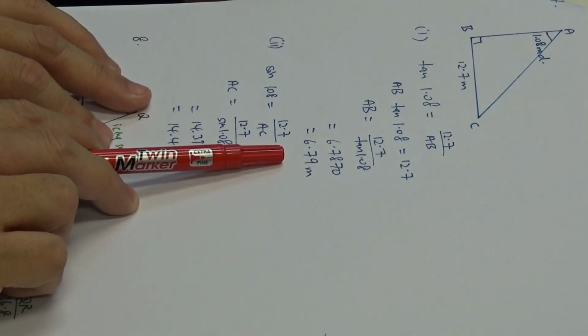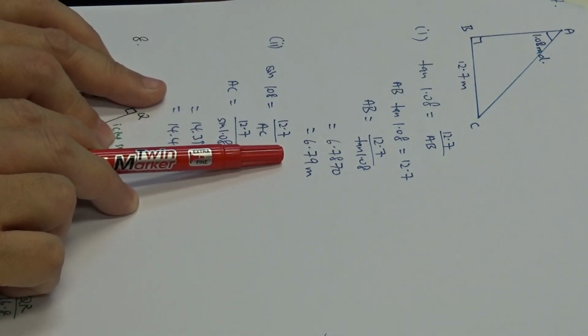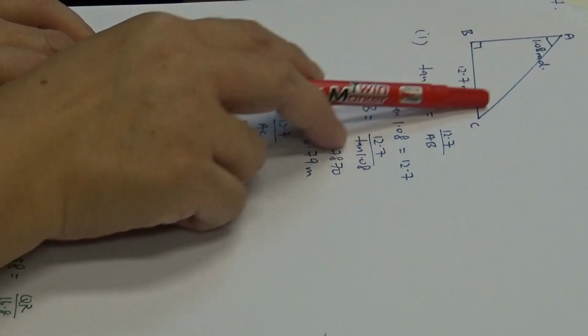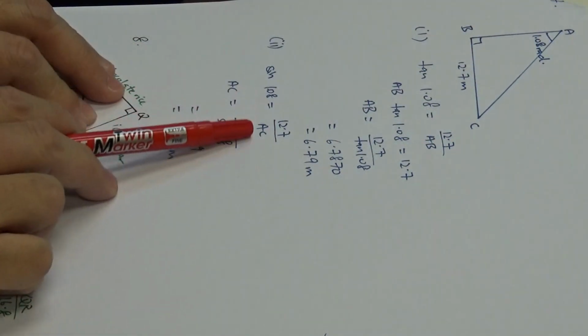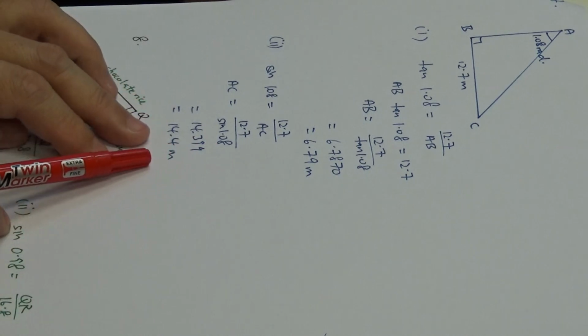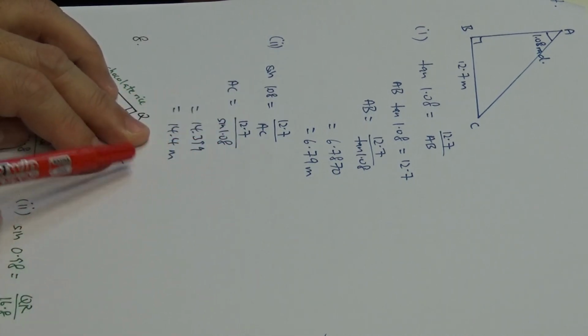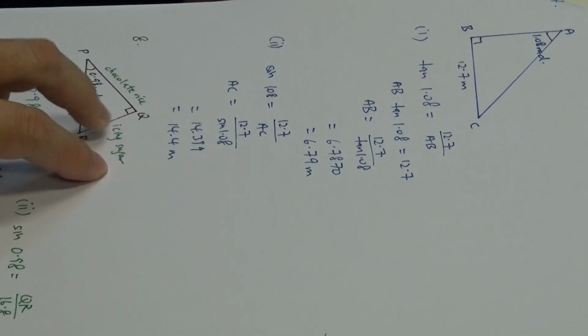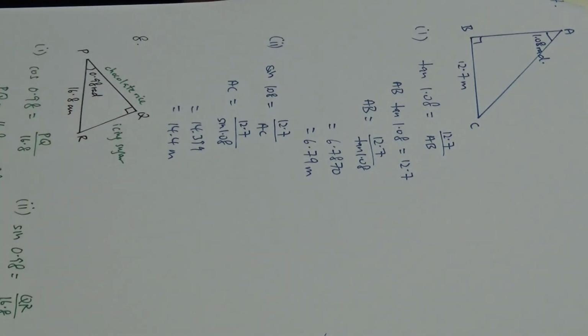I'll get 6.79 meters. For part 2, find the distance of AC. I will use sine and the necessary manipulation and I'll get 14.4 meters. Okay, 14.4 meters. Feel free to pause the video if you need to copy down some things.